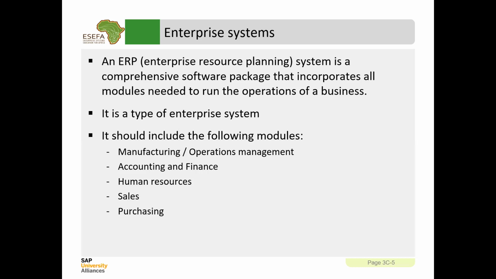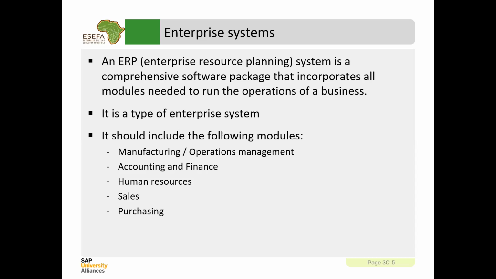There is also the aspect of sales that deals with the transaction of whatever you're producing or servicing in terms of goods or service. And the last one is purchasing.